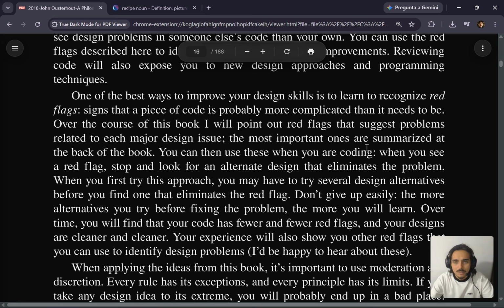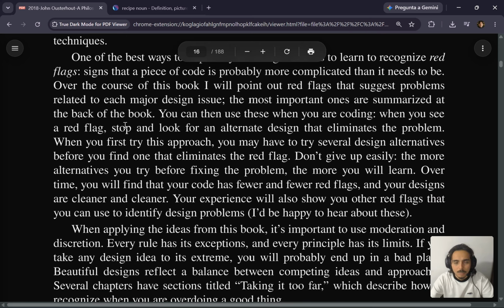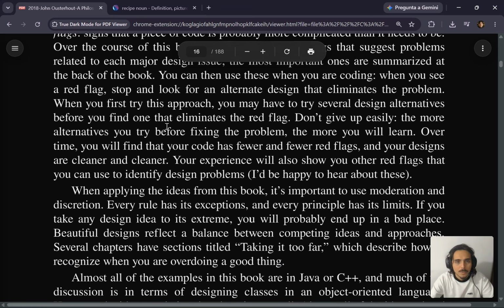The most important ones are summarized at the back of the book. You can then use these when you are coding. When you see a red flag, stop and look for an alternate design that eliminates the problem. When you first try this approach, you may have to try several design alternatives before you find one that eliminates the red flag. Don't give up easily. The more alternatives you try before fixing the problem, the more you will learn. Over time, you will find that your code has fewer and fewer red flags.